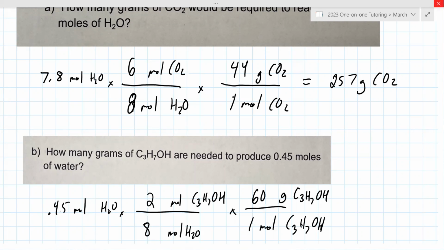So 10.1. Try again. Get a calculation. You got 2 moles up top, 8 on the bottom. All right, 2 and 8, 60 and 1. 2. I put 3 instead of 2.